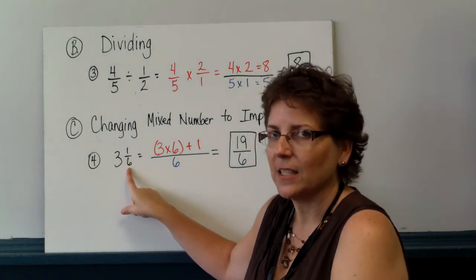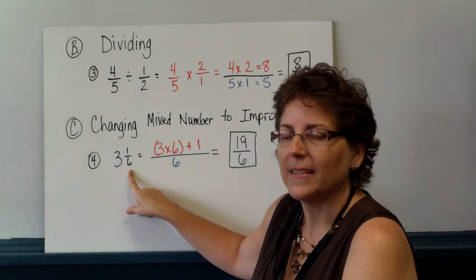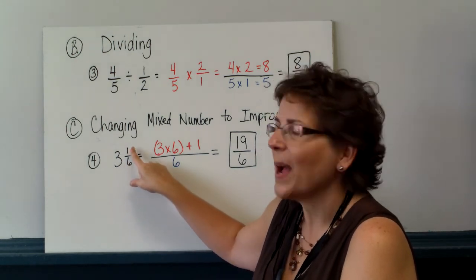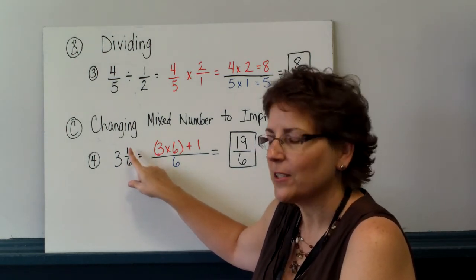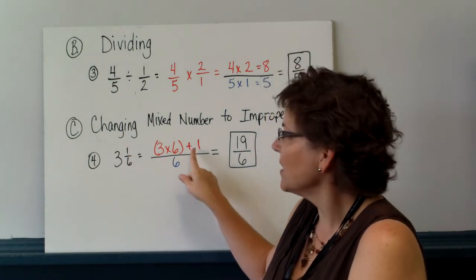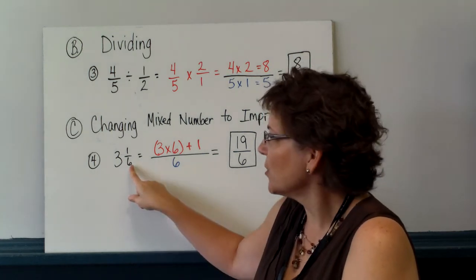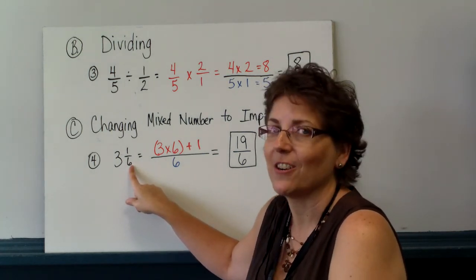To do this, you have to multiply 3 times 6, that gives you 18. You add the numerator to it, so 3 times 6 plus 1, and that goes on top. And then your denominator in your new fraction is going to be the denominator that you have here.